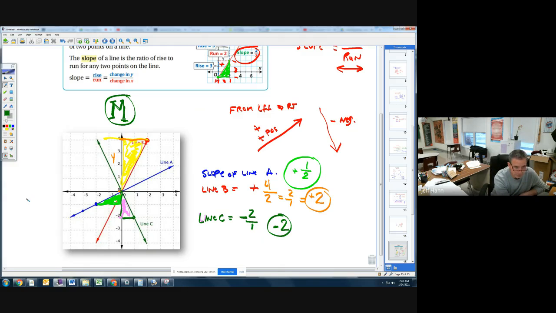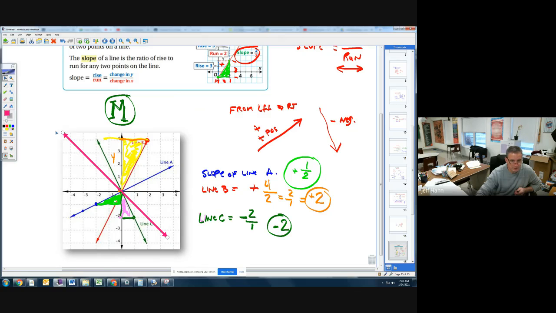Just for fun, I should draw one more line, just because we have a little bit of time and a little bit of space here. Let's see if I can get a line here. Let's say I have a line that goes from here, let's do it from here to here.